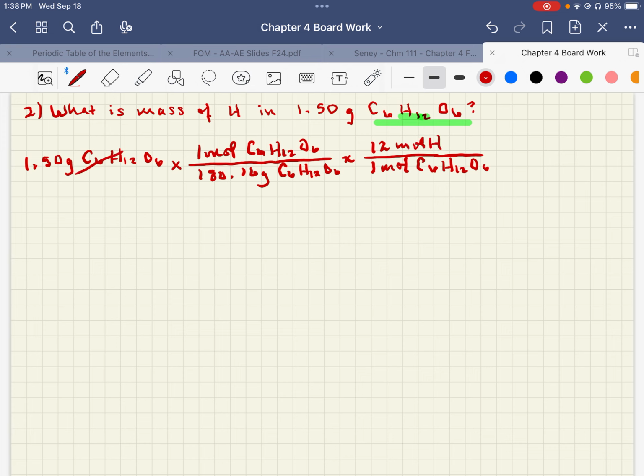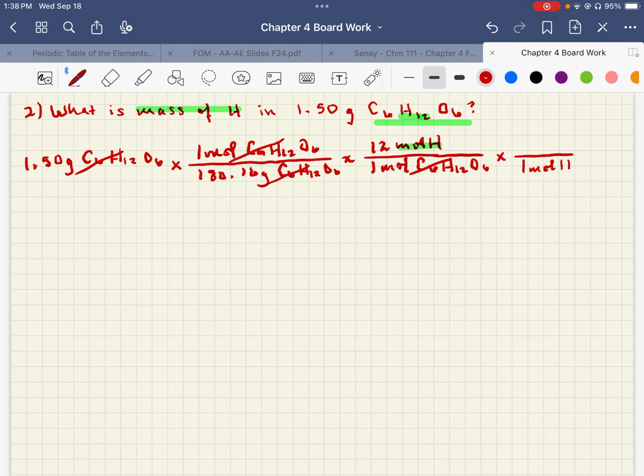So now we've got the mass of C6H12O6 canceled, and we have the moles canceled. And now we can go to mass, because if we stop right now, we would be in units of moles of hydrogen. And this is asking for mass of hydrogen in this compound. So we do one last conversion from mole to mass, and of course that's periodic table.